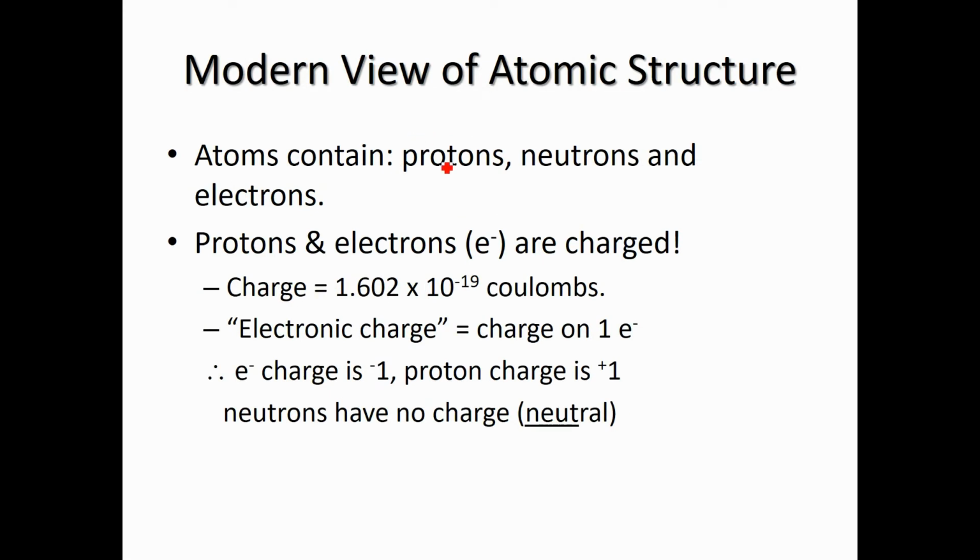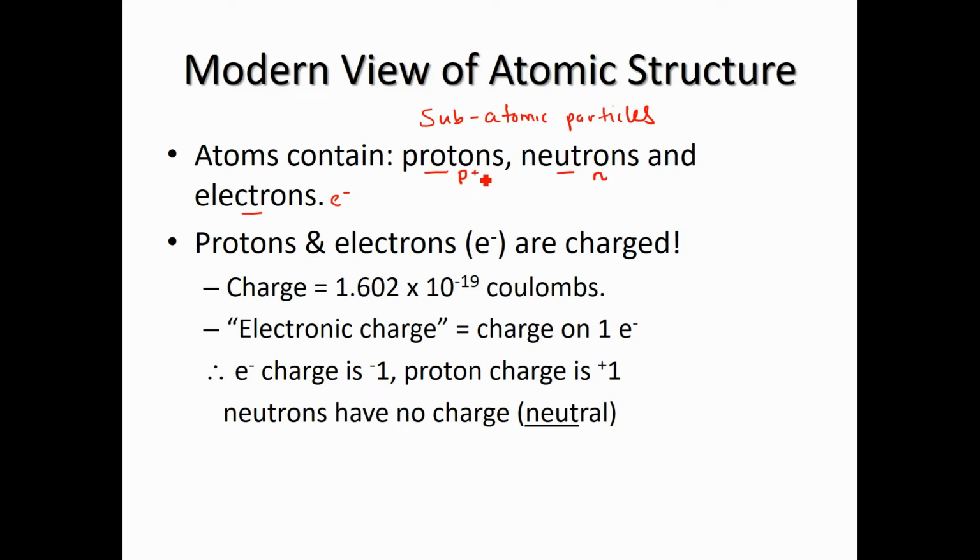Inside the atom, you have subatomic particles. So the subatomic particles in the structure of an atom include protons, neutrons, and electrons. So this will be denoted as P, N, and E. Sometimes we give it E minus.